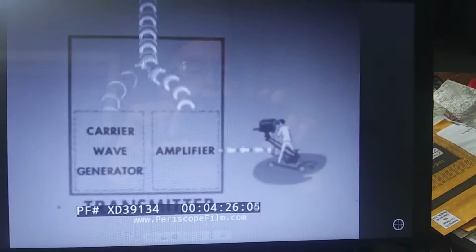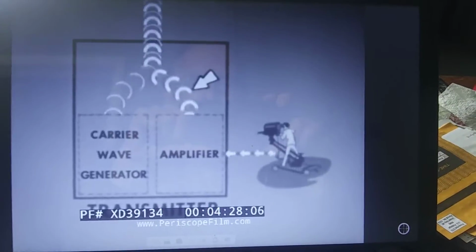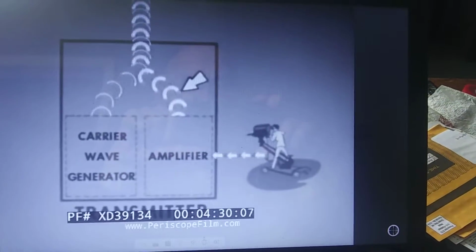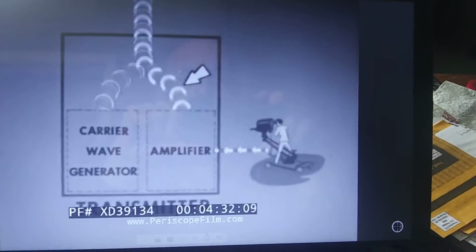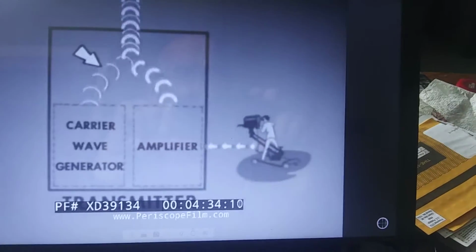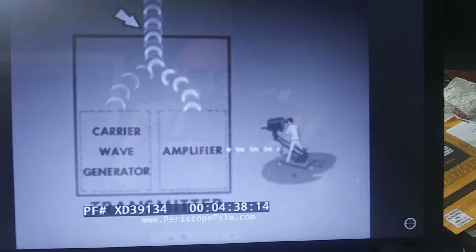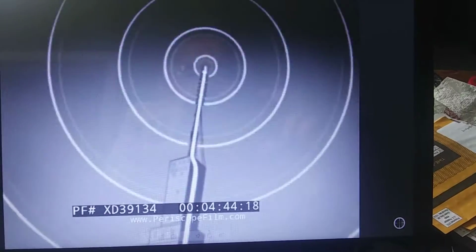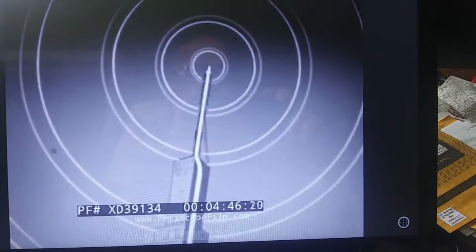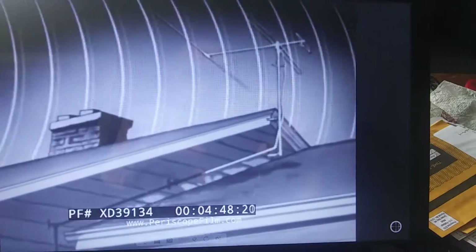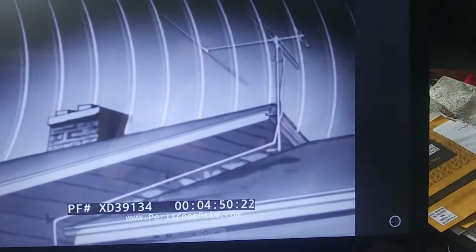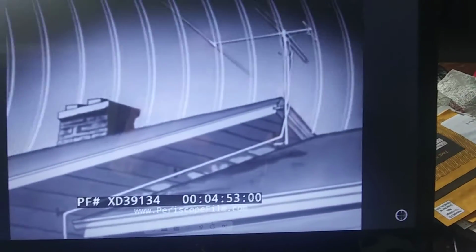In the television transmitter, this picture signal is amplified and combined with a very high-frequency carrier wave. The carrier wave, with the fluctuation caused by the image of the gray dot, goes to the transmitter antenna and is radiated from the top of the tower. The receiver antenna picks up the wave and sends it down the lead-in wires to the receiver.